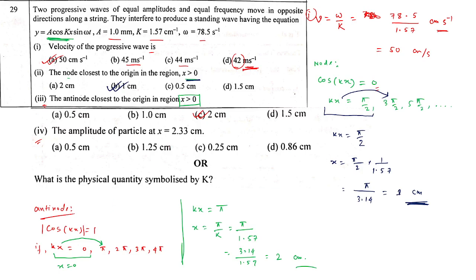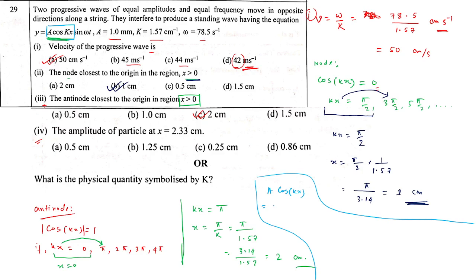The amplitude of the particle at x equal to 2.33 centimeter. Which one is the amplitude? The amplitude part is A cos kx.